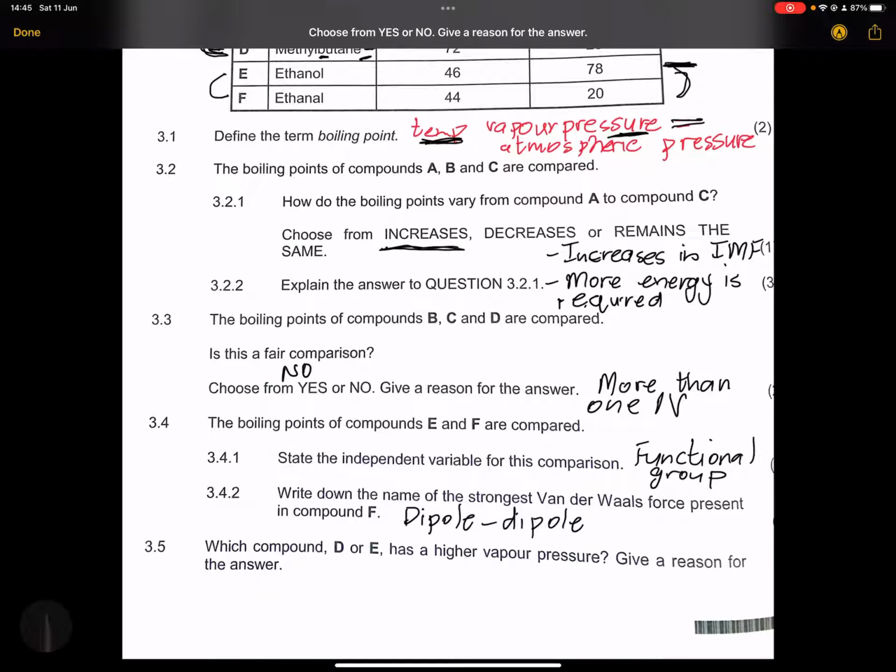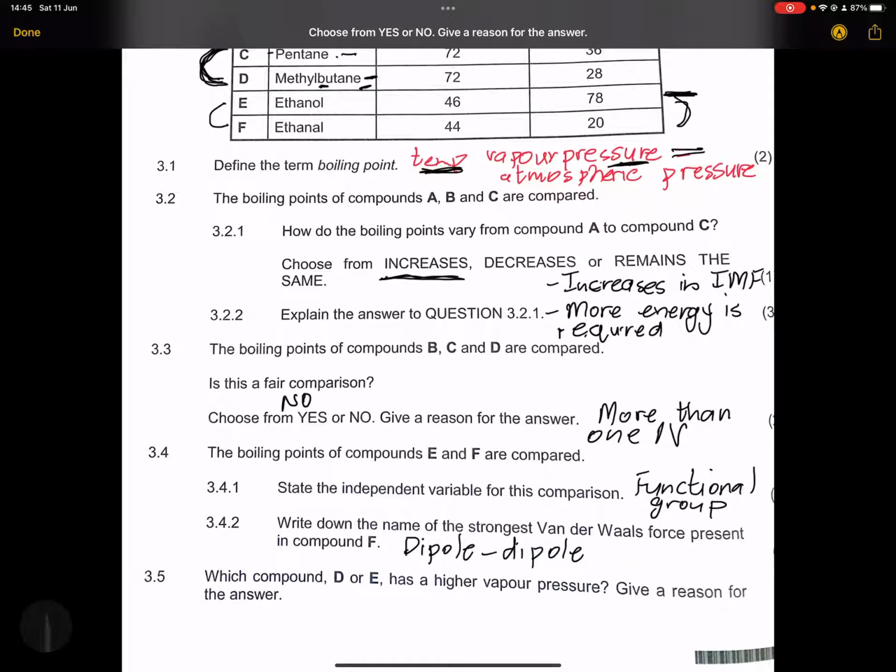So as a result, it's got lower vapor pressure. Between D and E, we wanted the one that has higher vapor pressure, so definitely it's the one that has a lower boiling point, and the correct answer should be D.